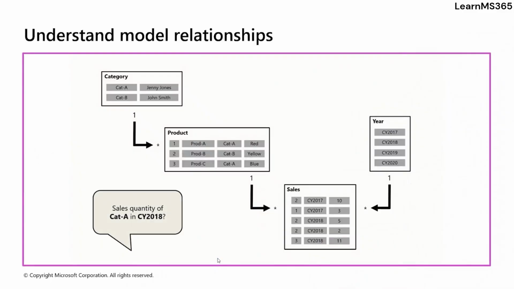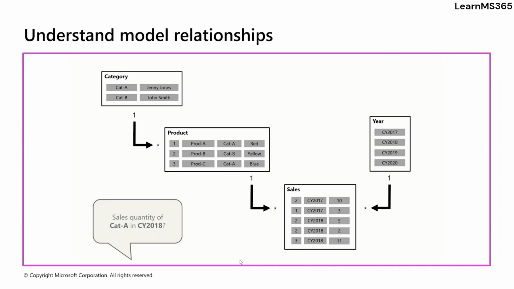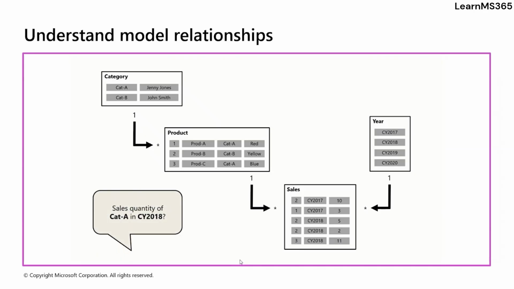Understand model relationship. A model relationship propagates filters applied on the column of one model table to a different model table. Filters will propagate so long as there's a relationship path to follow, which can involve propagation to multiple tables.